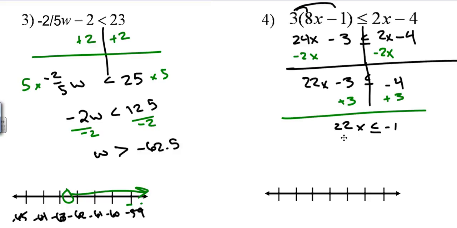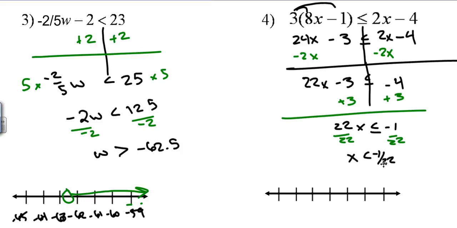I'm going to divide by 22. I'm going to get a decimal, or a fraction. Negative 1 divided by 22, it's a really ugly decimal. As a fraction, it's just pretty simple, negative 1 over 22.